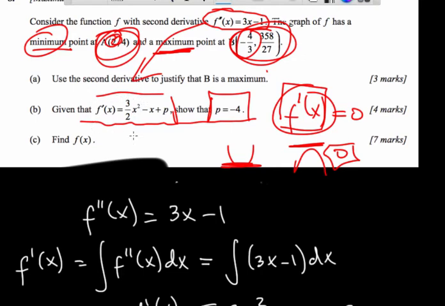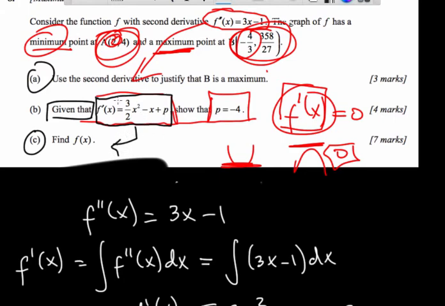They basically did it for us in case we were not able to do part A. So if you cannot do part A of a question and the second one has a given, you are totally allowed to use the information they've given you in the exam to do part C. So don't give up if you haven't been able to do part A of a question. You just take whatever they gave you in part B and you can take it from there and continue with part C.